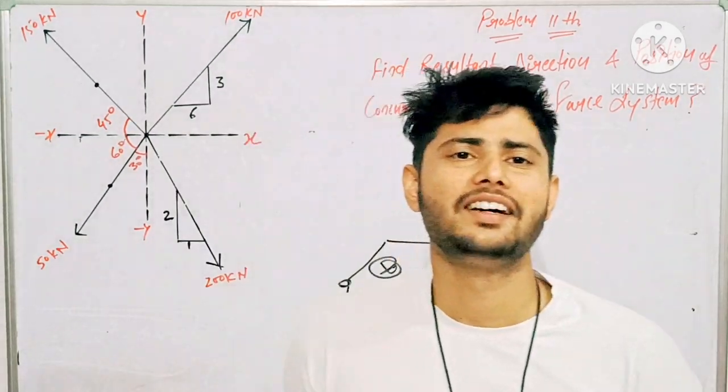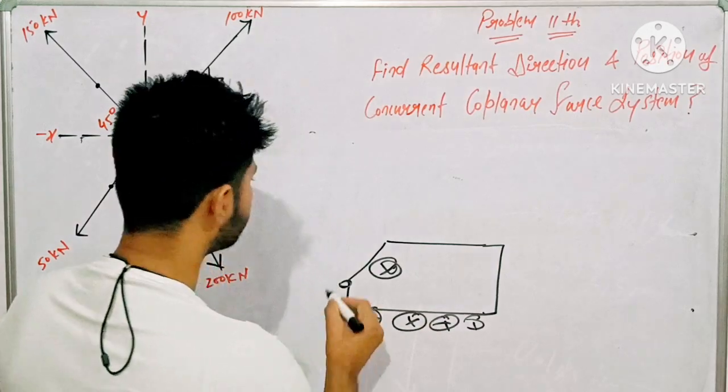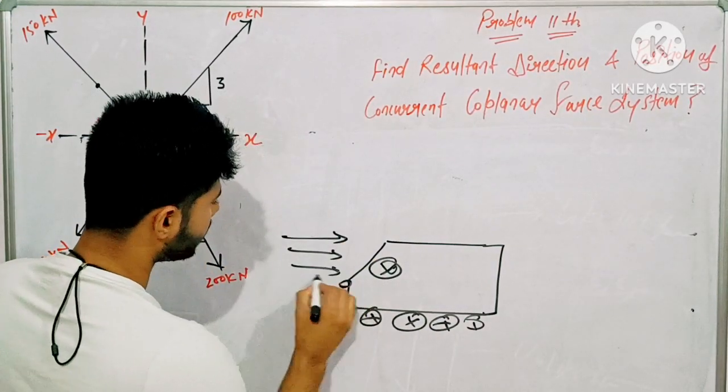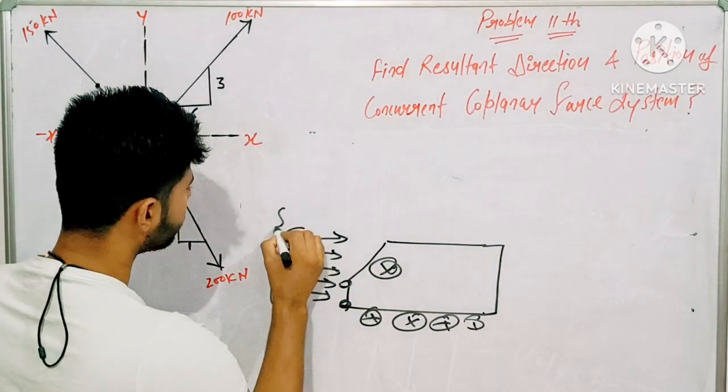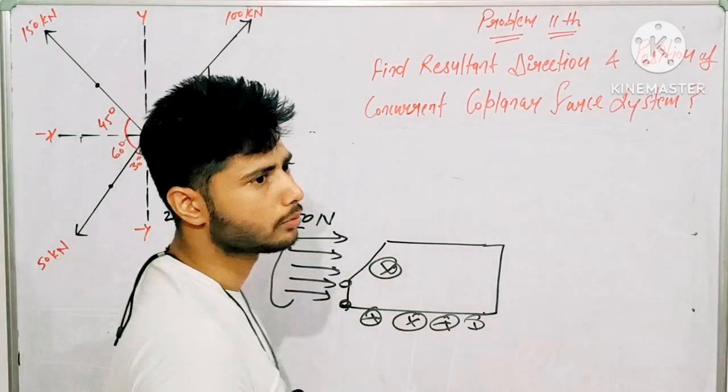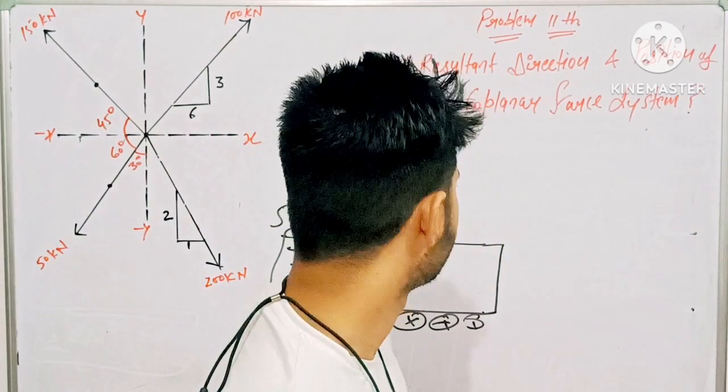Suppose here are 5 persons, 1 2 3 4 5, and they are applying 500 Newton of force to move it in the backward direction.